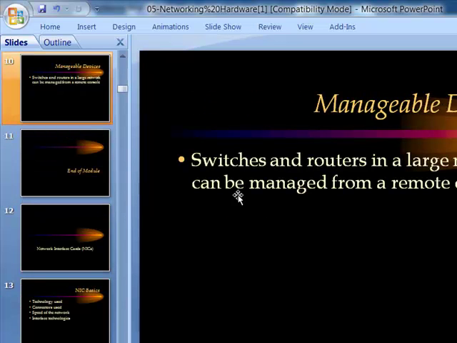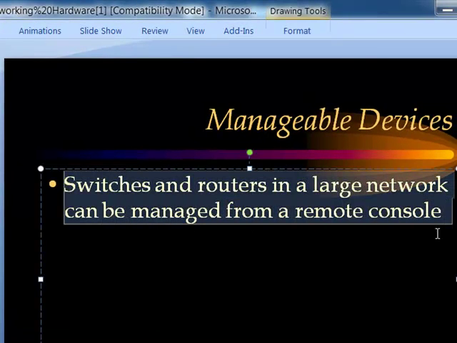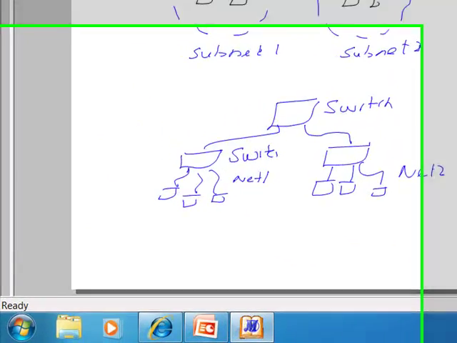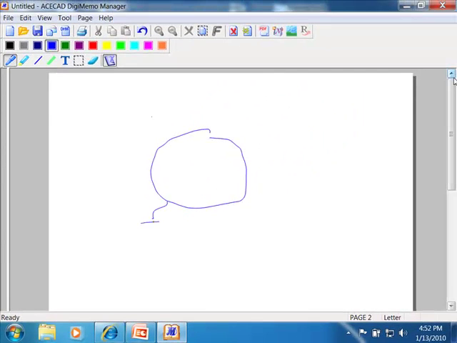Then there are manageable devices. What is a manageable device? Write this name down. This is the protocol that is used for managing networking devices. It is called SNMP, Simple Network Management Protocol. What does it exactly mean? Let's say this is a campus network. You have, in this case, a router.